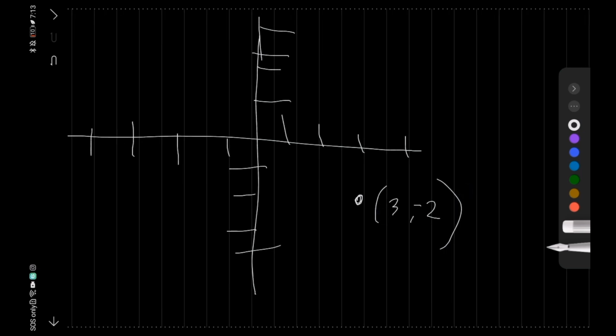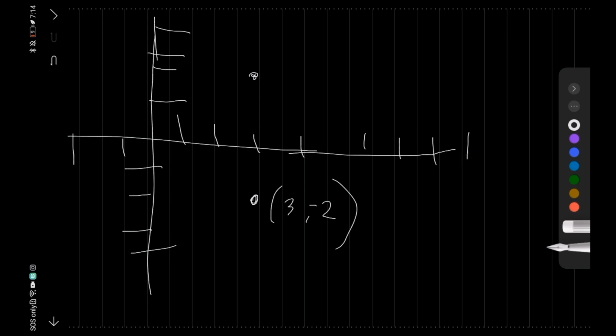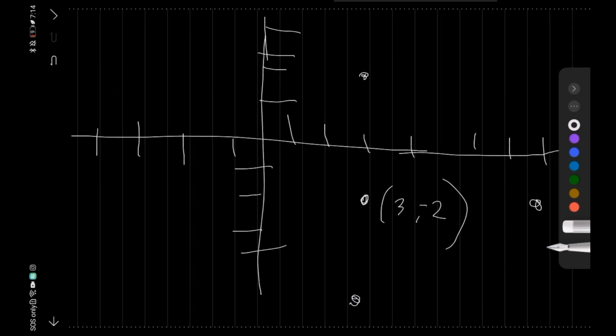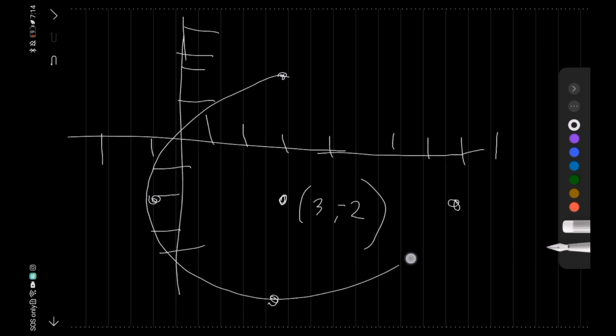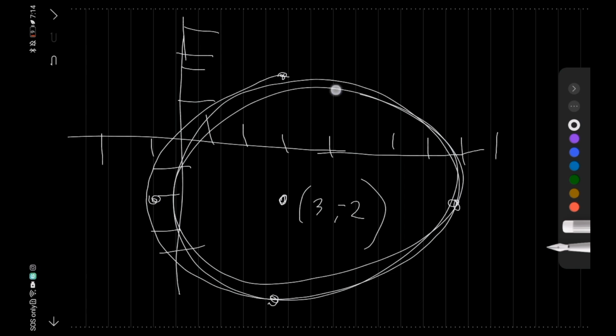The radius is basically 4, so we will go up 1, 2, 3, 4, and likewise 4 units in each of the other directions. Then we will draw the circle through these points, and this is done.